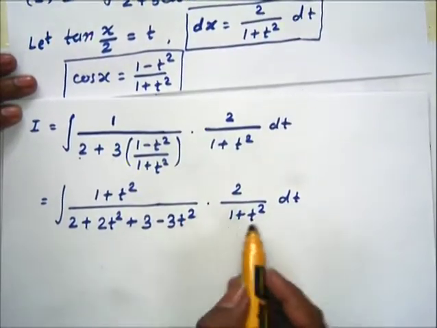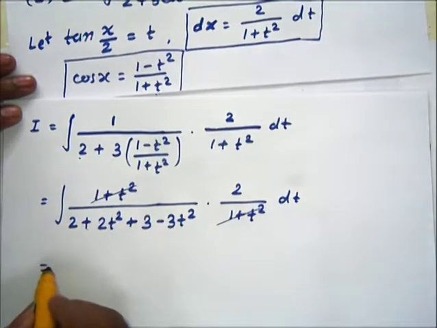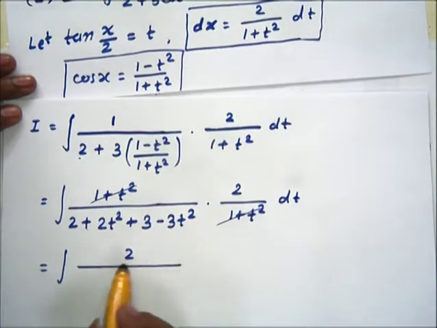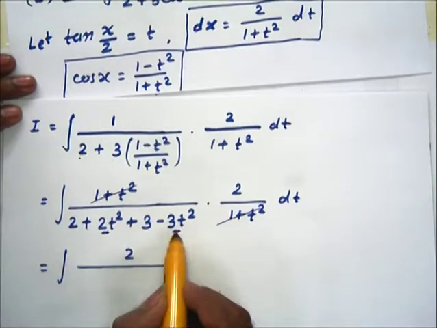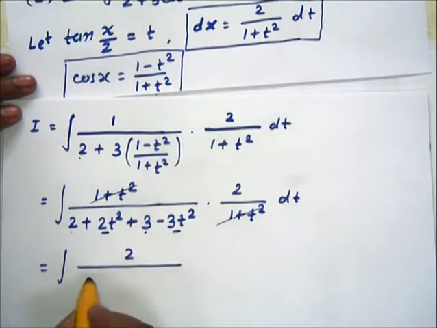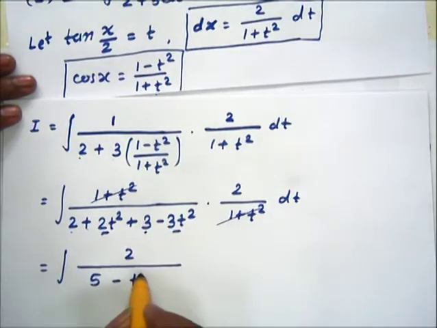Now 1 plus t square cancels out. In the denominator, 2 plus 3 is 5, and 2t square minus 3t square is minus t square.